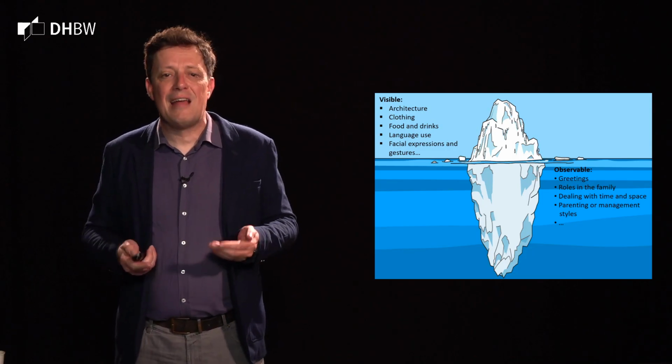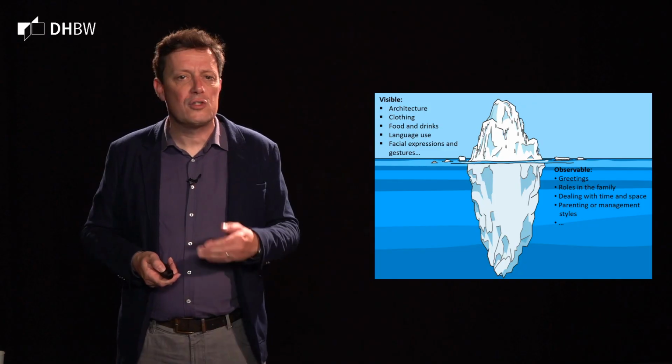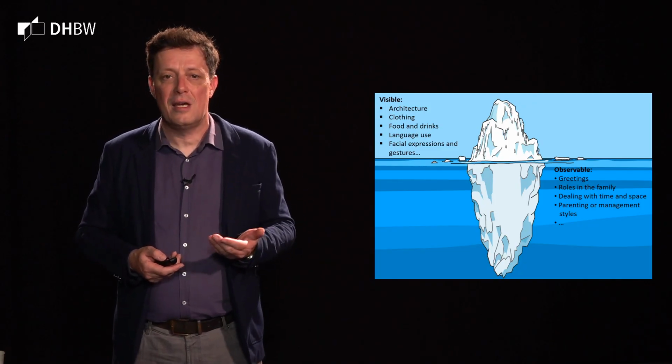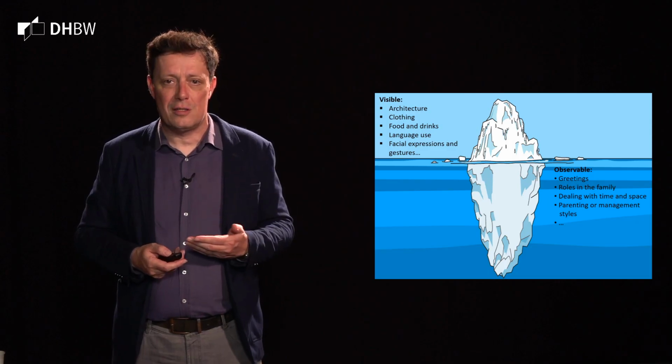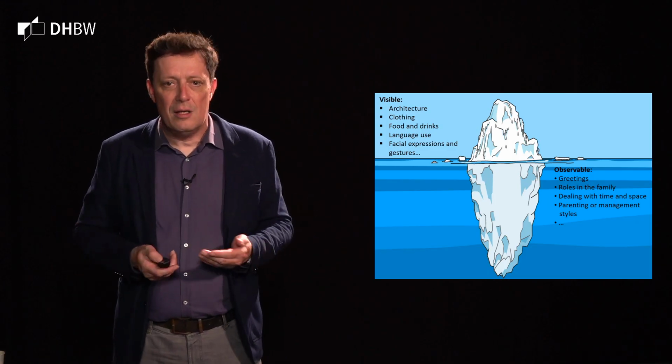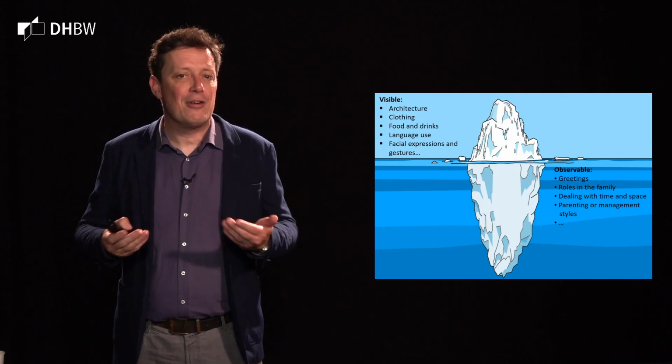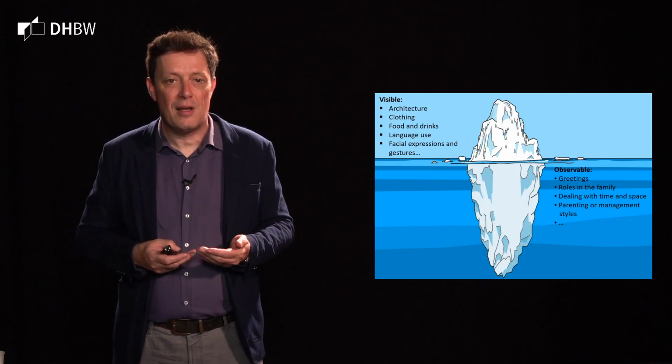The areas directly below the water surface contain the non-visible but observable cultural aspects, such as regular celebrations, forms of greeting, roles in the family, dealing with time and space, parenting or management styles.